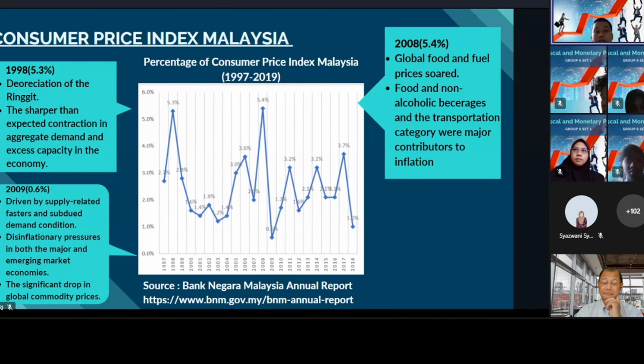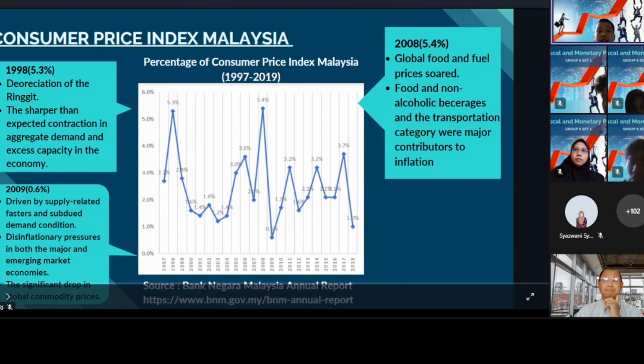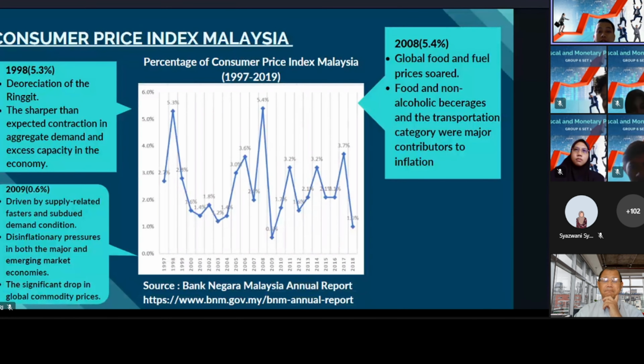In 2008, the year of the extraordinary economic crisis, the global economic recession, rising crude oil prices and world food prices made the food and non-alcoholic beverage and transportation categories the major contributors to inflation in Malaysia.